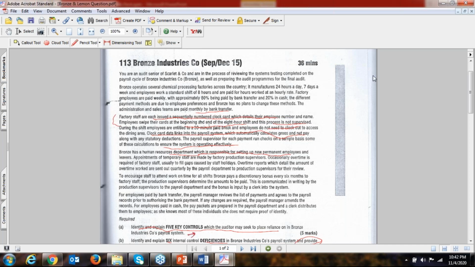The deficiency is that the employees could take longer breaks than the time given, that is 30 minutes. So employees take longer breaks and do not come back within 30 minutes.